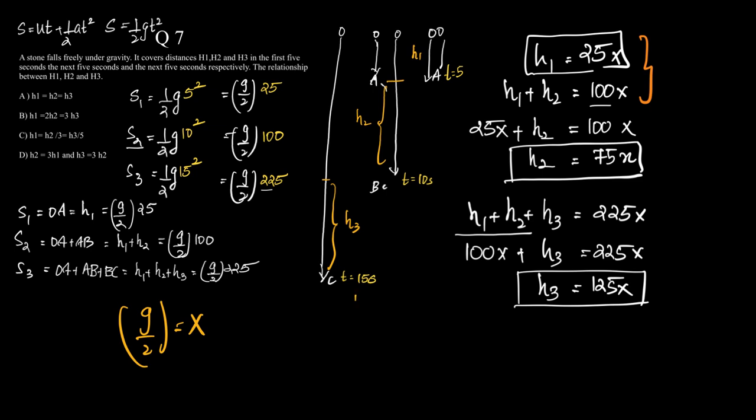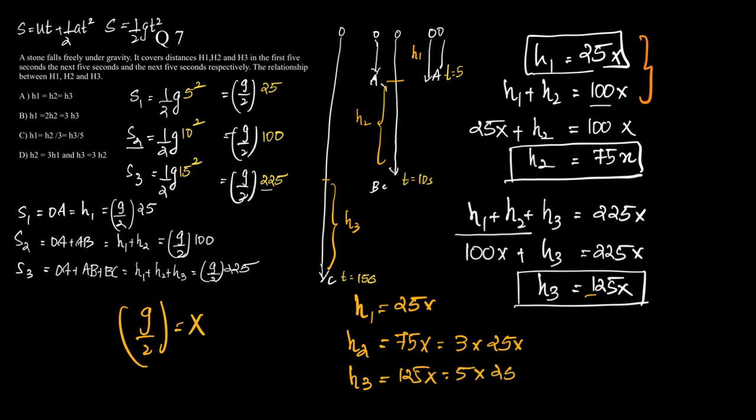Now, I'll write down the equations like this. h1 is equal to 25x. h2 is equal to 75x, which I'll write as 3 into 25x, and h3 is 125x, which I'll write as 5 into 25x.